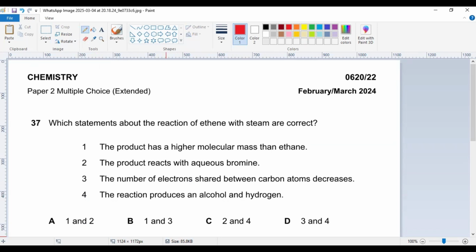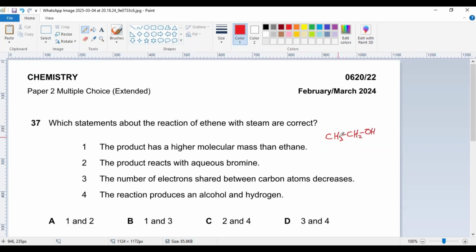So the product has higher molecular mass than ethane. Yes, it could be correct, because when ethene reacts with steam, it produces ethanol.